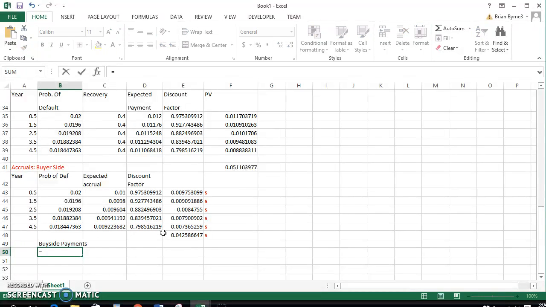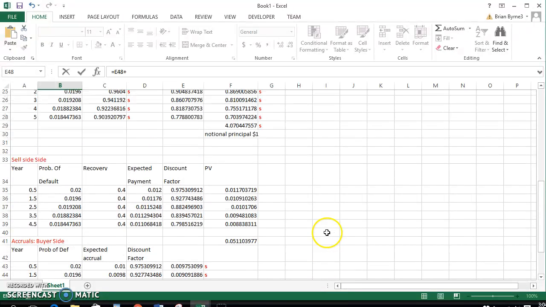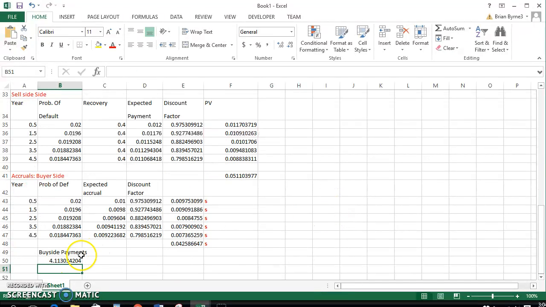are equal to this, well, the accruals plus this amount here. Okay, so that's 4.113. I better put it in S. That's the buy side, right?